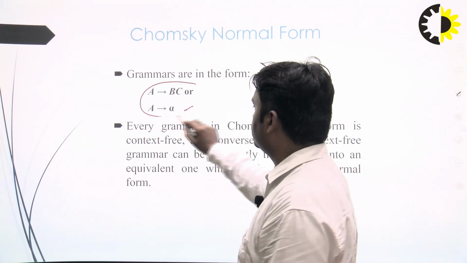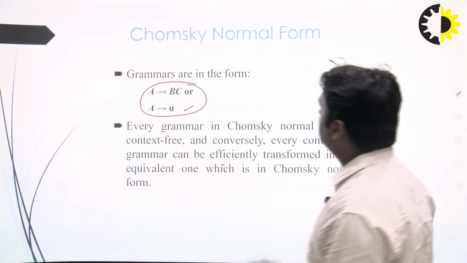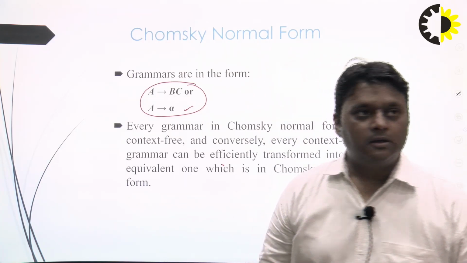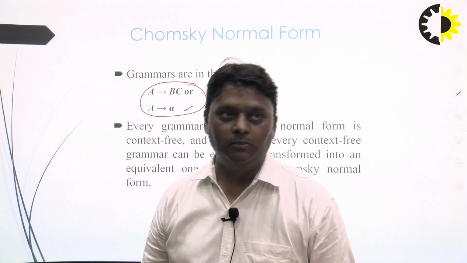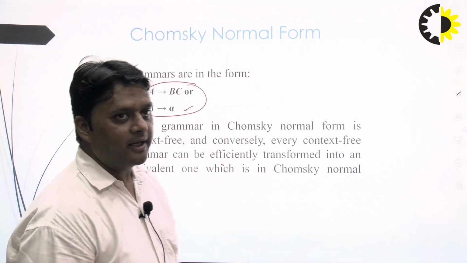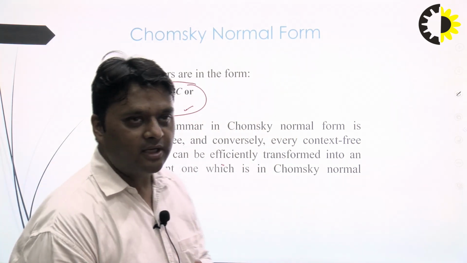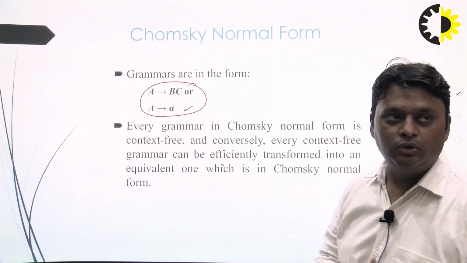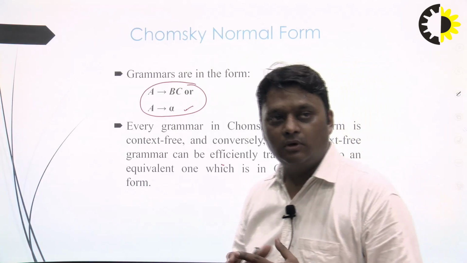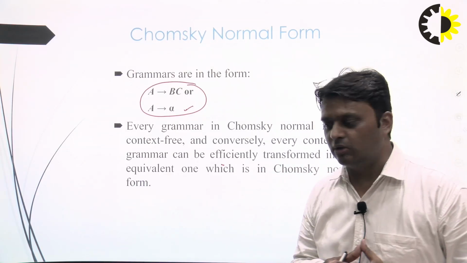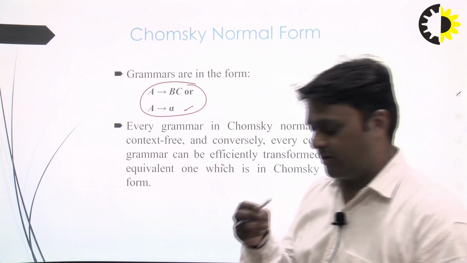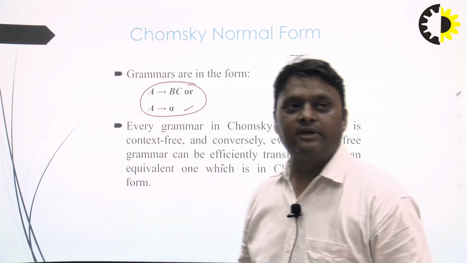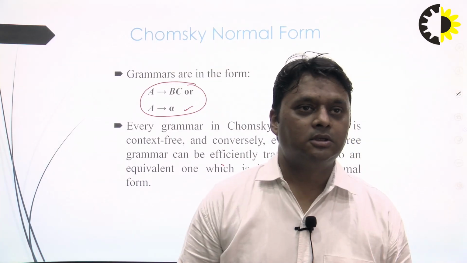If the CFG is written in this form, then it will be in the form of CNF. Every grammar in Chomsky normal form is context-free, and conversely, every context-free grammar can be efficiently transformed into an equivalent one which is in Chomsky normal form. Means every context-free grammar can be converted into CNF.